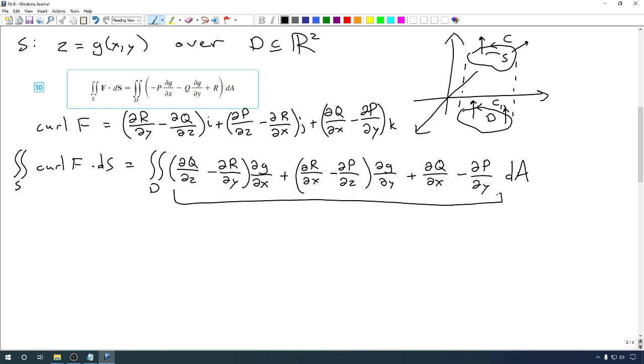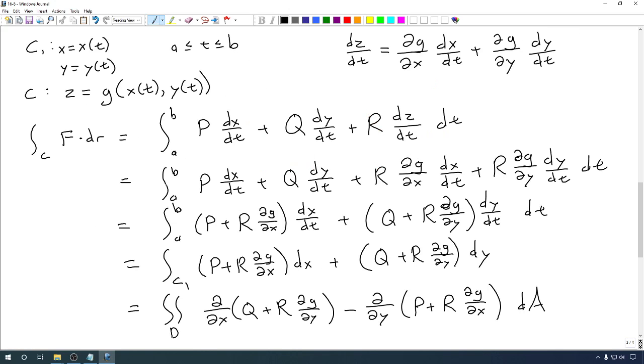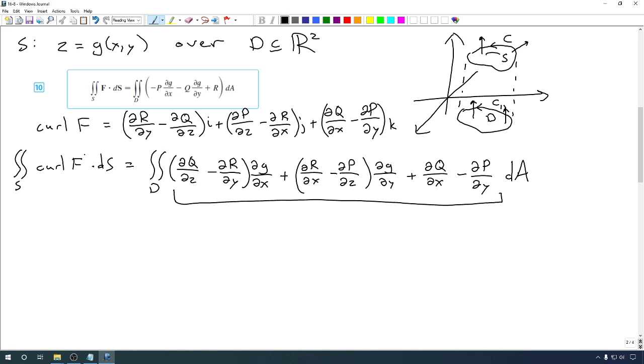is exactly what we have here. And therefore, the integral of this form over D, which is what we're looking at here, is equal to the line integral of F dot dr. Which is exactly what we wanted to prove, that these two integrals are equal to each other.